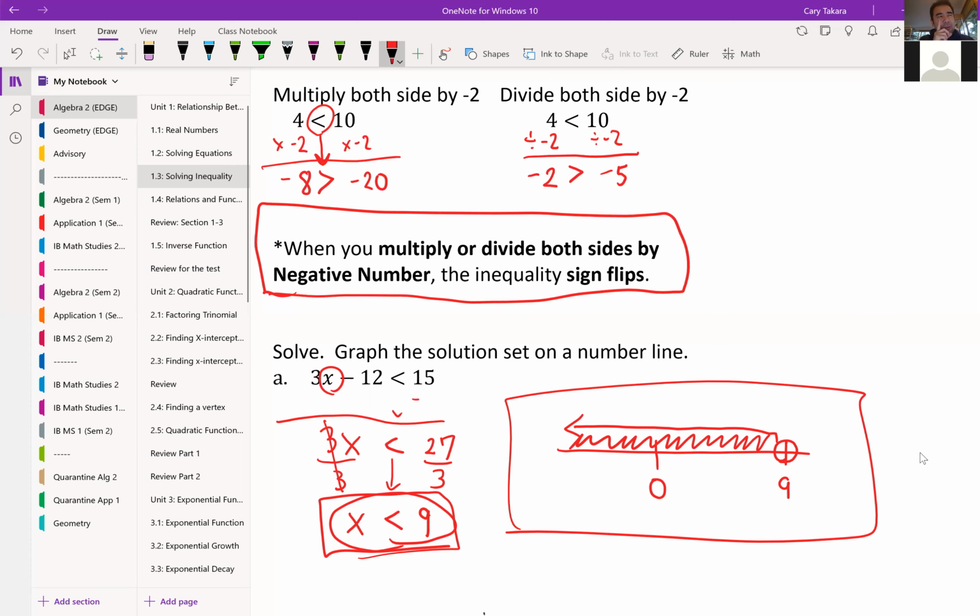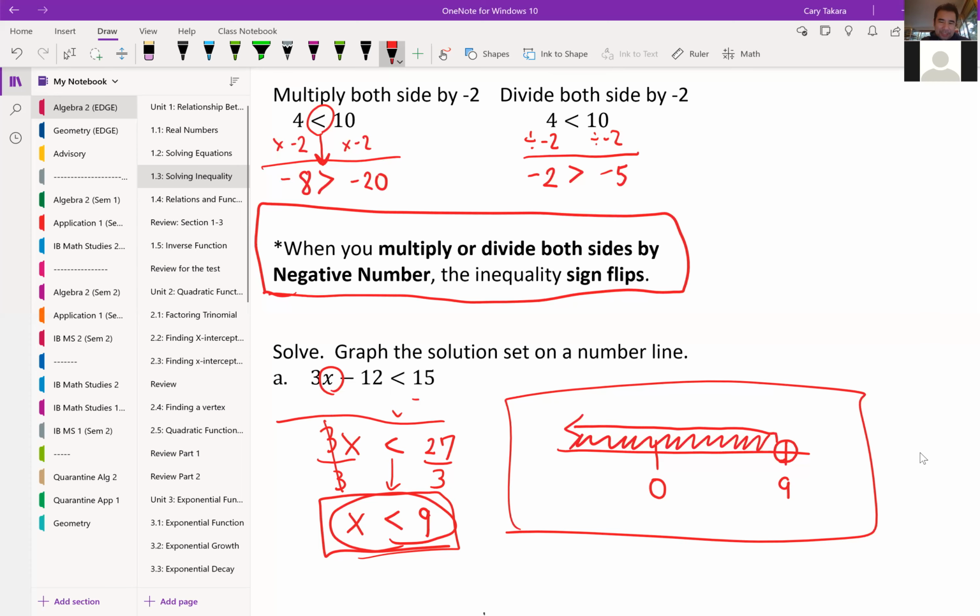Now, also one more important question. Can 9 be the solution? Is 9 included as a part of the solution? The answer is no, okay? X has to be less than 9, but X cannot be equal to 9.